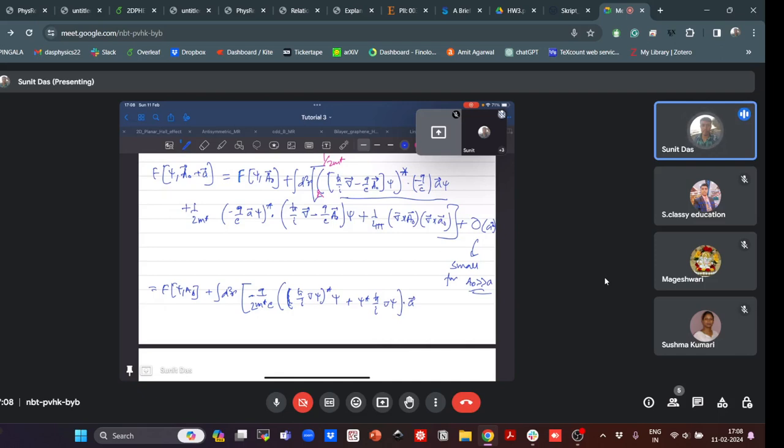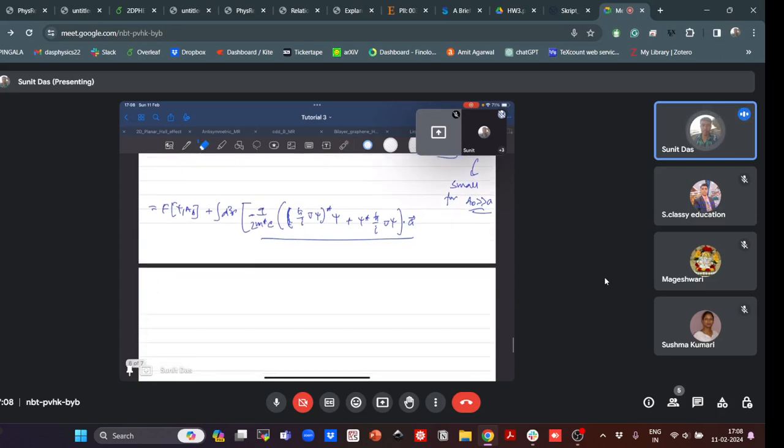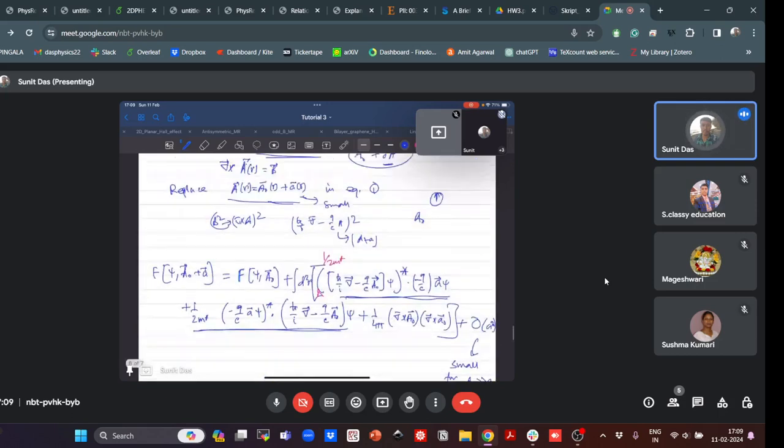So what we have done is simply a simplification of these two terms. Some terms will get cancelled and we will be left with this term and a few more terms, which is plus q squared by m star squared c squared mod psi squared A0 dot A, from the last of these terms basically.